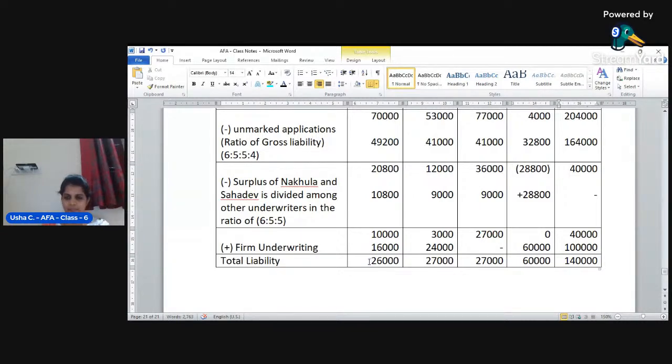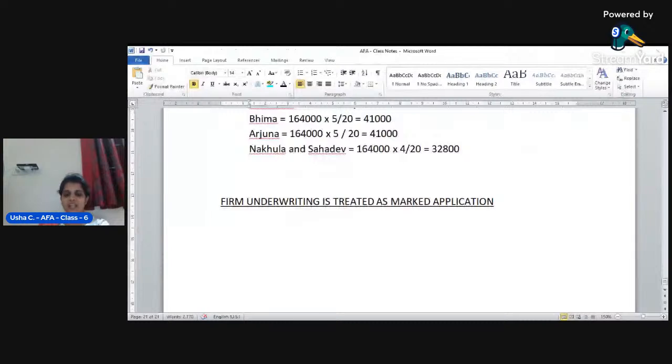See, this case is the first one when firm and unmarked application, what we should do here for the calculation of unmarked application, we should take total applications received minus marked application.